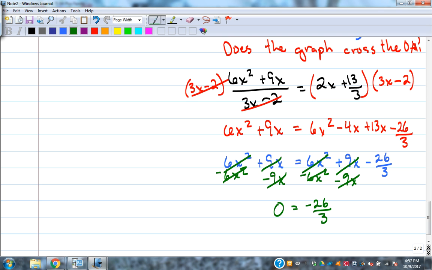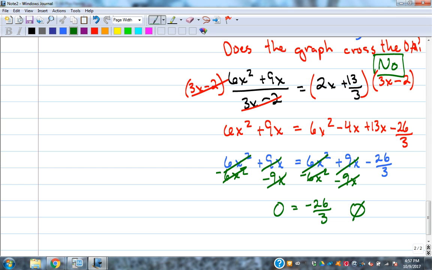Does 0 ever equal that? No. That means there's no solution. So the answer, does it cross it? Is no. If you had gotten x equals something, then it's yes, and you would have the x values for where it crosses. But it doesn't.